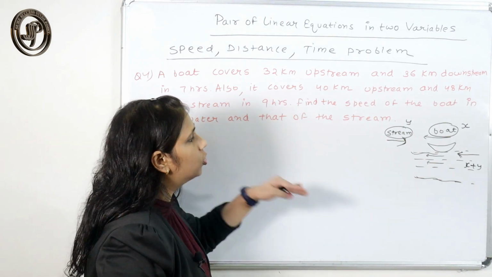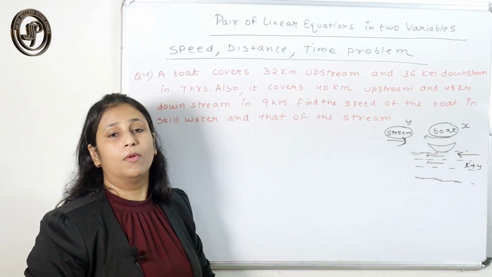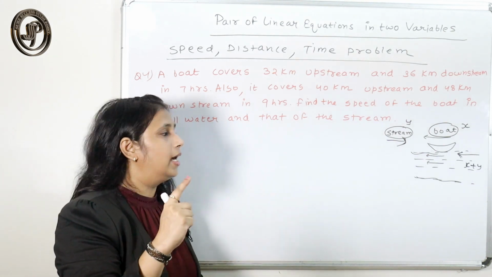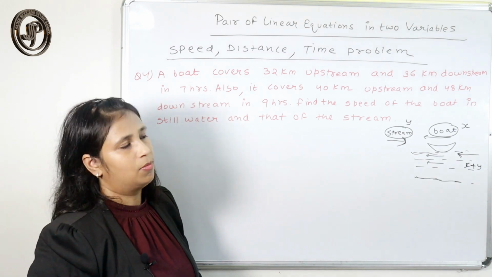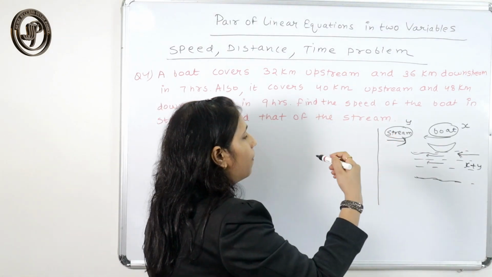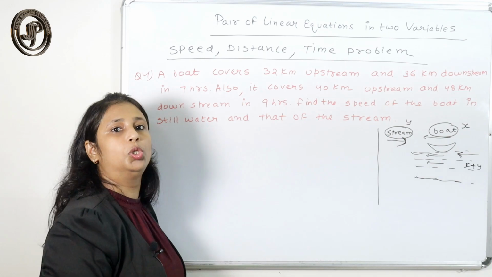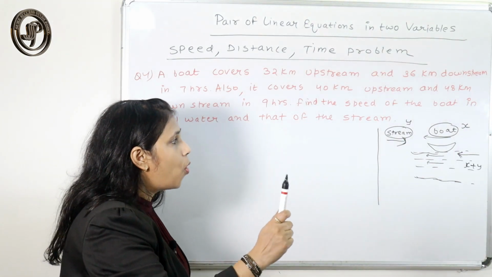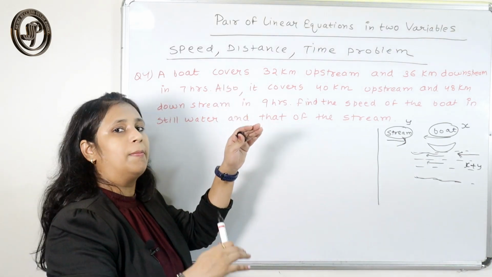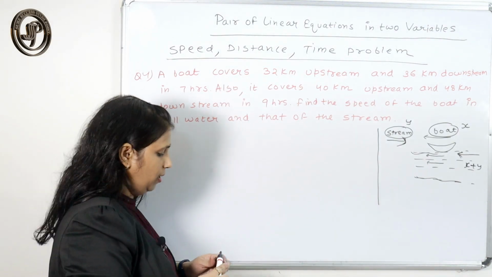Boat going opposite to the stream is upstream. Boat going with the stream is downstream. These are the basics that you should know before solving these questions: stream, boat, speed of the boat, upstream, downstream.